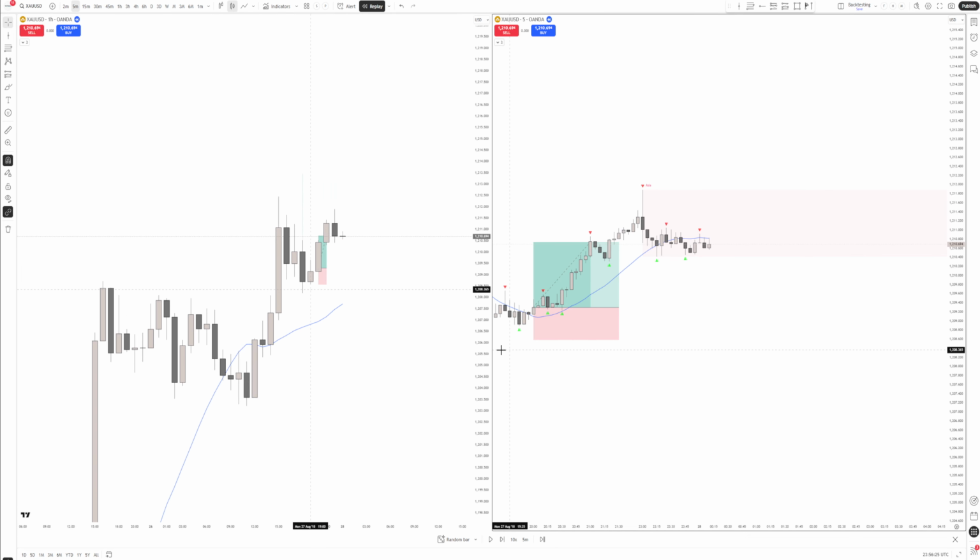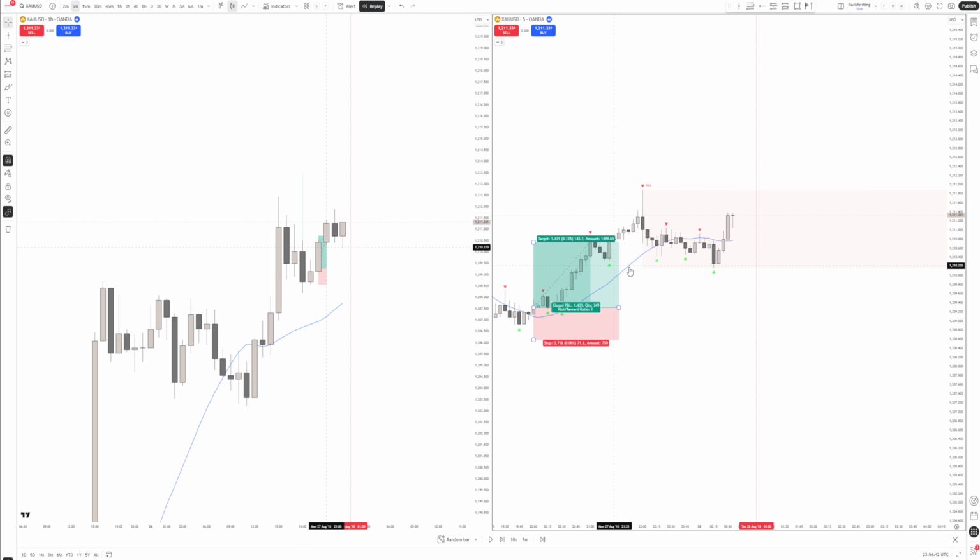Now we have got price is bearish above the moving average. Below here is a no trade, but what we'll do is wait for the next hourly candle, which is going to be about there, and we have got bullish intention. Okay, so let's see what happens now.